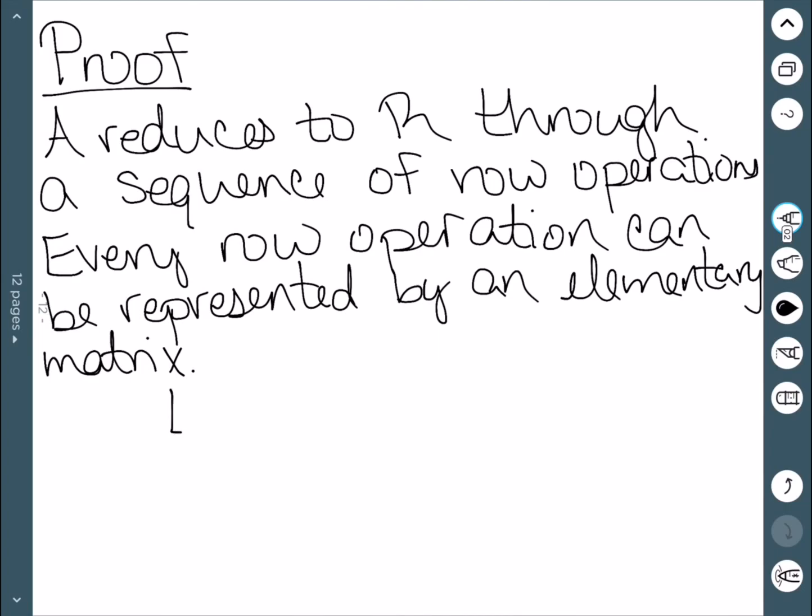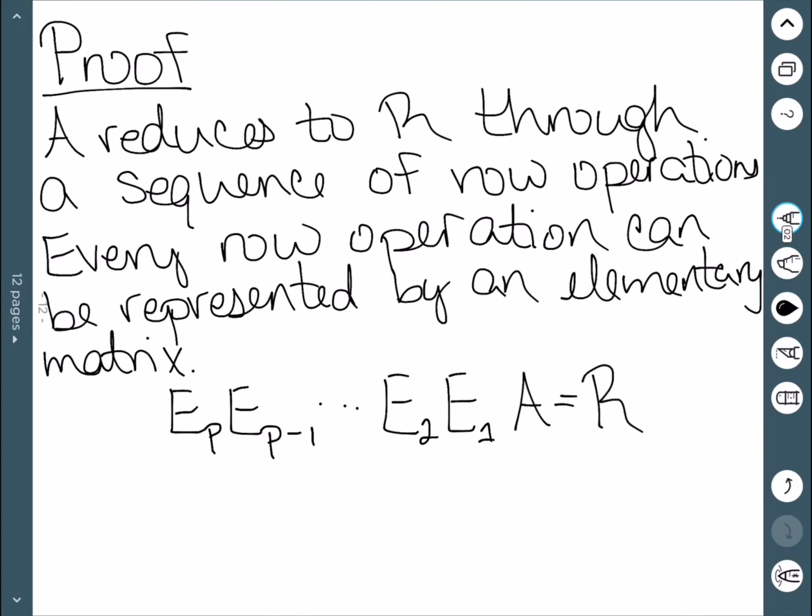Therefore, we know that we have E_p, E_{p-1}, all the way down E2, E1 A is equal to my reduced row echelon form, where these E matrices are just the row operations that I need to get from A to R. We also know that each one of these elementary matrices is invertible, and the inverse is also an elementary matrix.